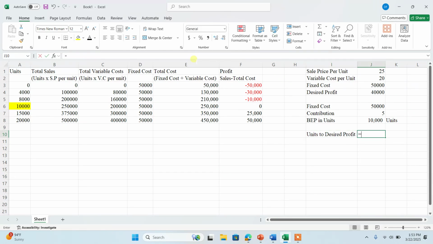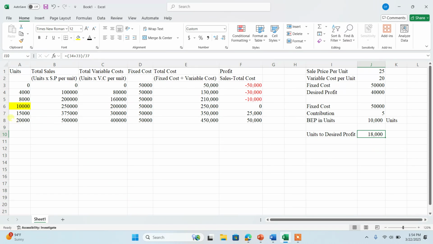So you can see the formula: we will add the desired profit to fixed cost. The desired profit plus fixed cost, and then divided by the contribution. Almost similar to the break-even point. Okay, so it shows that if I'm able to produce 18,000 units, then I can, my dear, achieve the 40,000 profit.